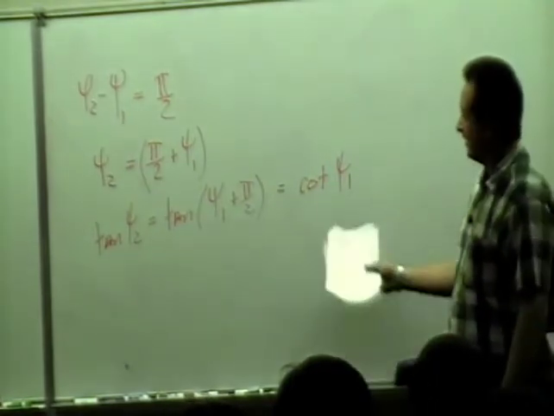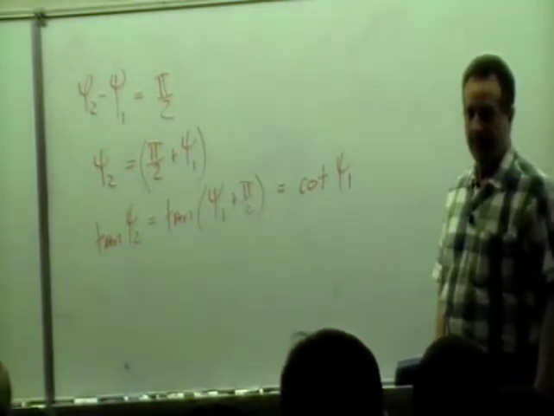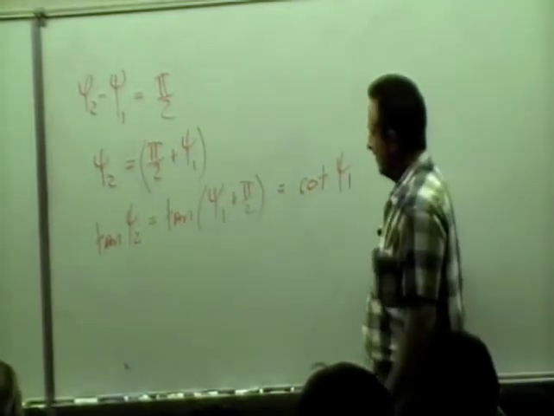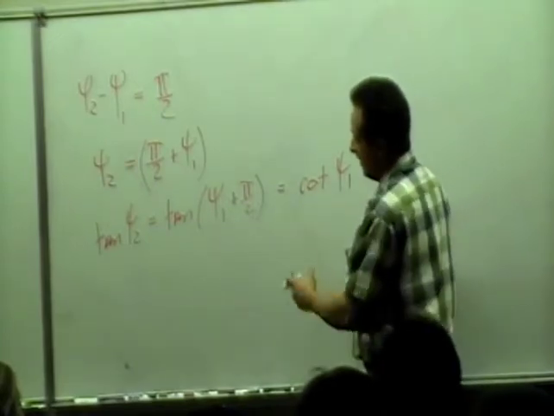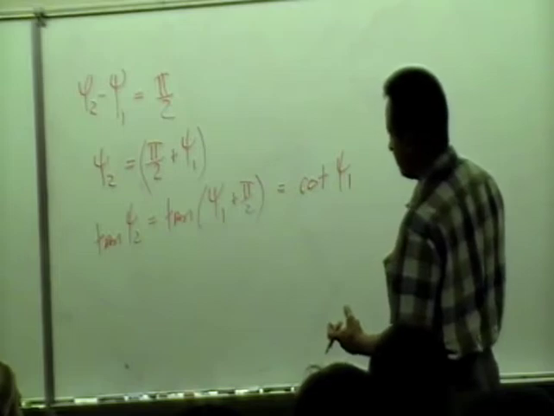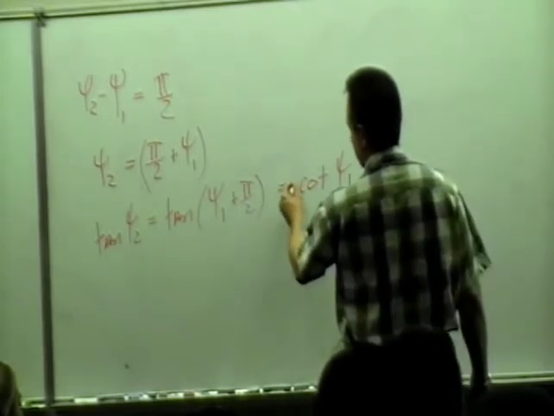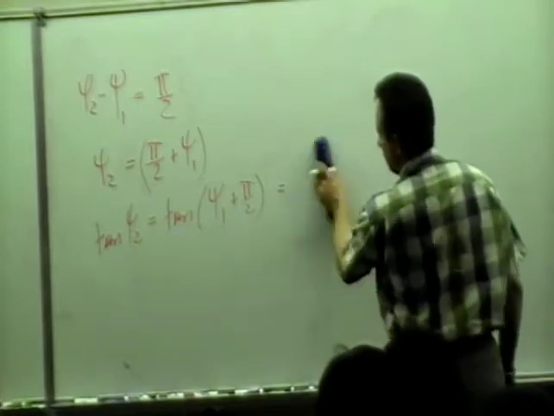Yeah. Isn't cotangent a cofunction of the tangent? Actually, let me see. Hold on a second. Actually, it's a minus cotangent. All right, let me just do this.